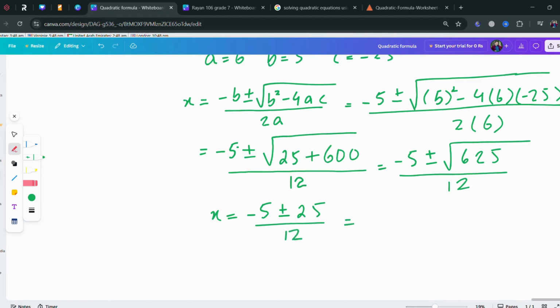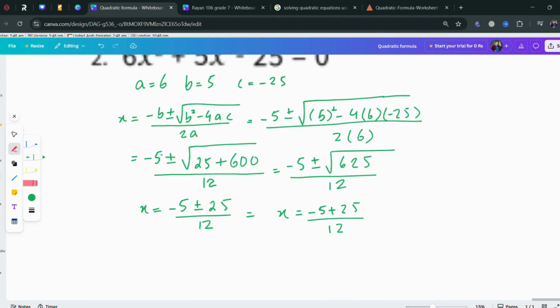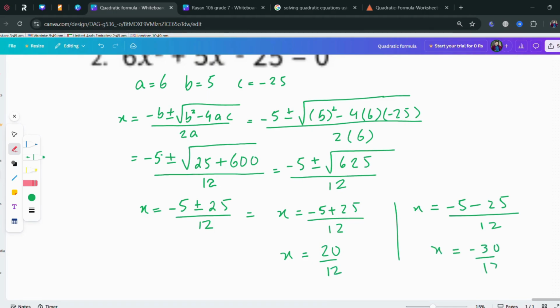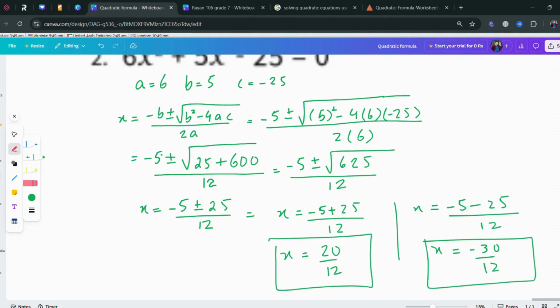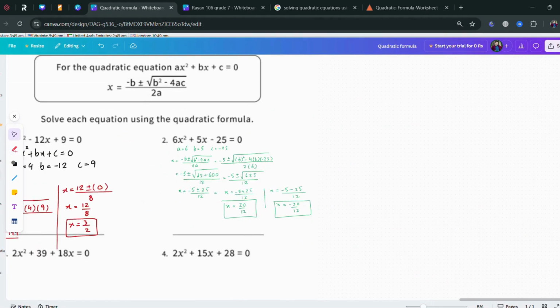By this way, I will get x equals minus 5 plus 25 over 12, and one time I can write it down as x equals minus 5 minus 25 over 12. By this way x is equivalent to 20 over 12 and x is equivalent to minus 30 over 12. You can further simplify it as well if you want, okay? So that's it for question number 2.